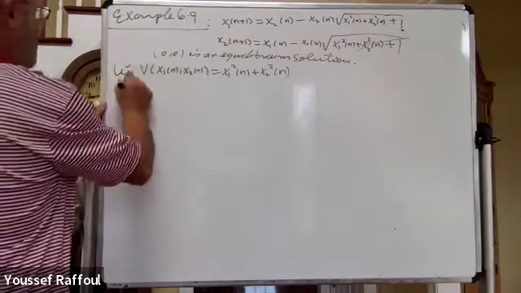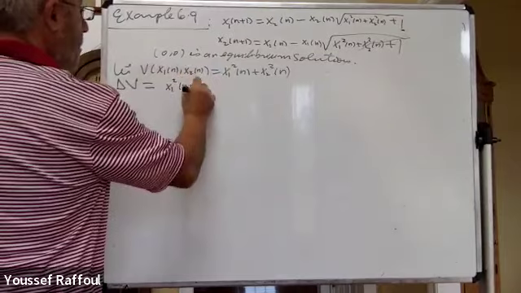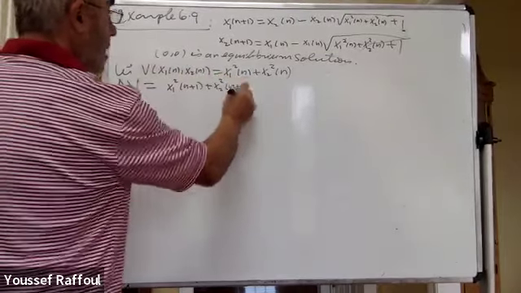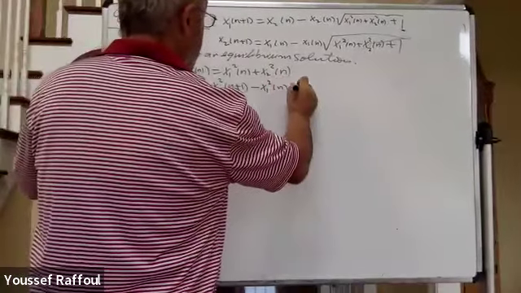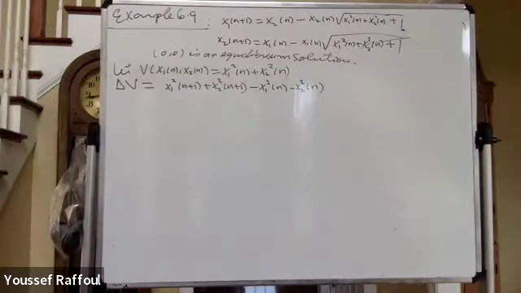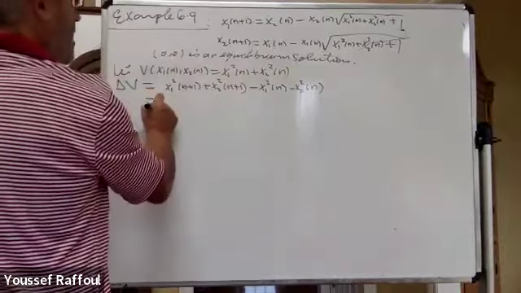And so delta V is x1 squared of n plus 1 plus x2 squared of n plus 1 minus x1 squared of n minus x2 squared of n. Now, replace this there.